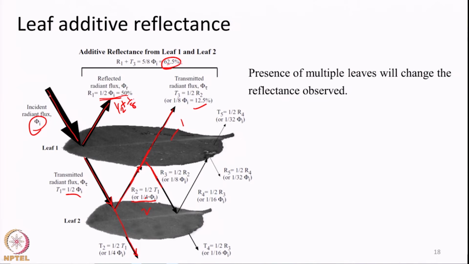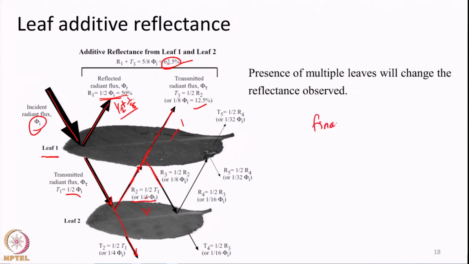That is, whatever the original energy came in, a part of it got transmitted. This transmitted energy gets reflected by the leaves underneath, and while this is passing through, this will undergo multiple reflection even by the bottom of the leaves also. Finally the total reflectance observed by a sensor at the top of this first leaf will be more than what is being reflected by this single leaf.